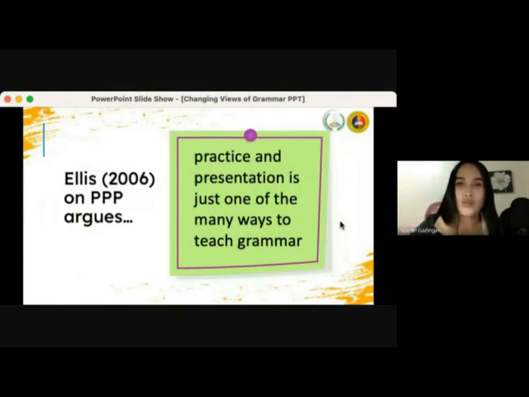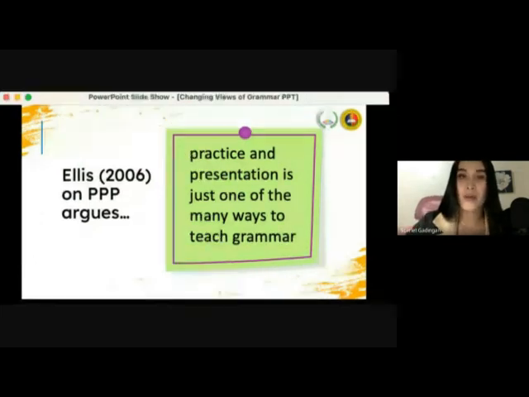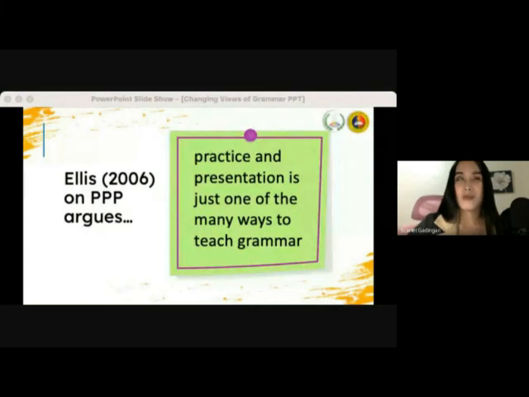And so Ellis 2006 about PPP argues that presentation and practice is just one of the many ways to teach grammar. So one of the downsides of the PPP is that it's very idealistic, that it believes in the cliche saying that practice makes perfect.